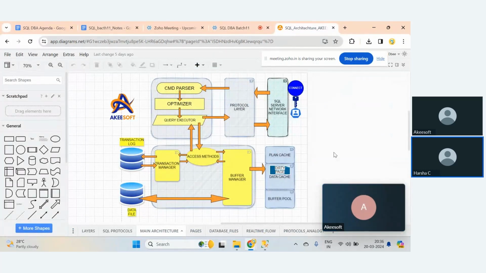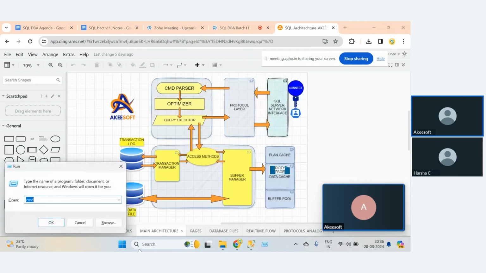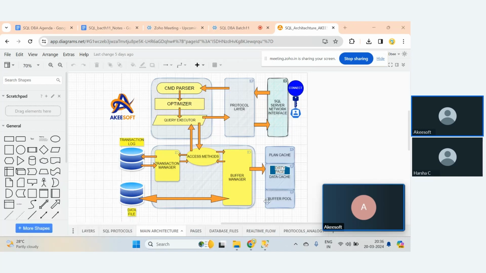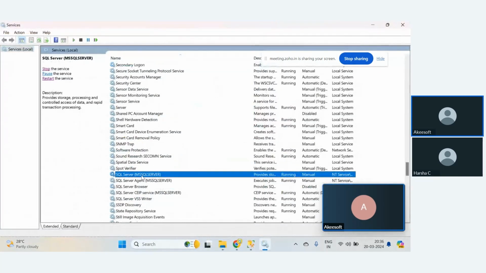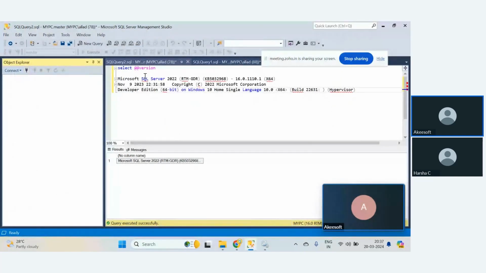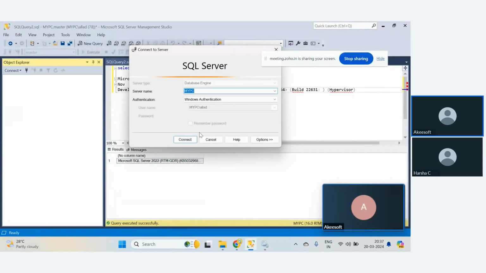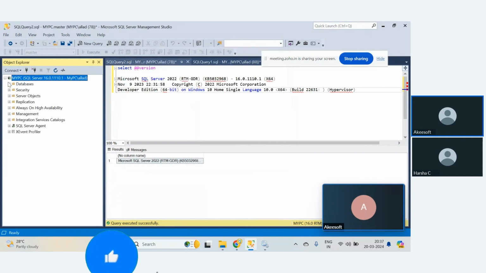This is the architecture which helps to understand what is happening in the background of SQL Server. From the front end, what we are seeing is that we install SQL Server and see the services which are running, and we just connect to those services.